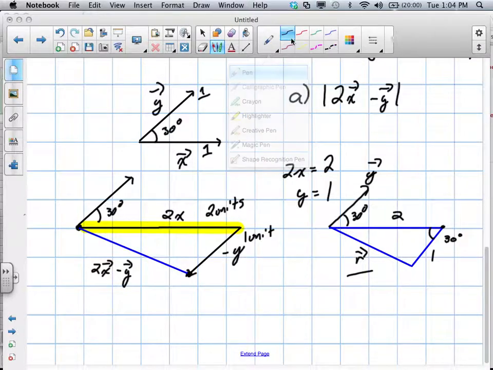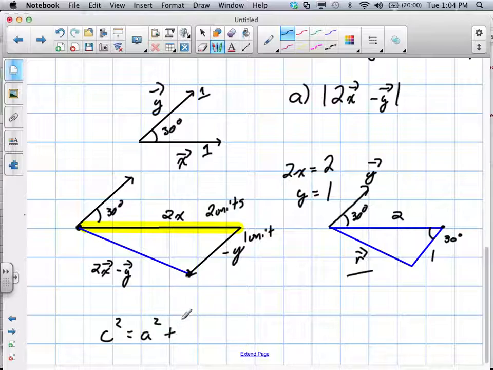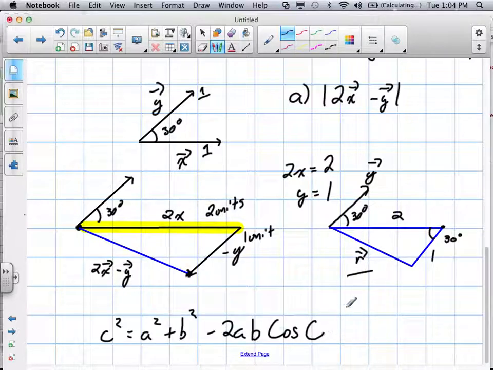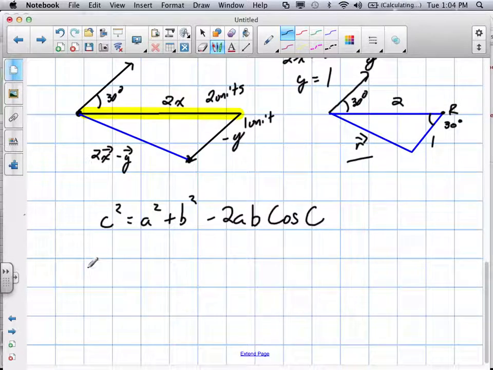Okay? Now, cosine law, I hope you guys remember it, is essentially c squared, and c is the side we're looking for, is equal to a squared plus b squared minus 2 times a times b times cos c. And this would be our c in this side, or we'll call it letter r since it's opposite of a resultant vector. So we're going to plug some things in to find this. C squared, our new r vector squared, is equal to a squared.